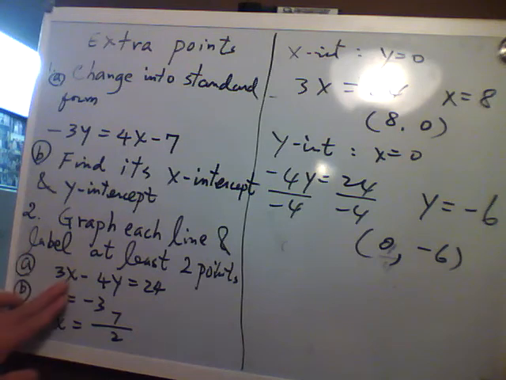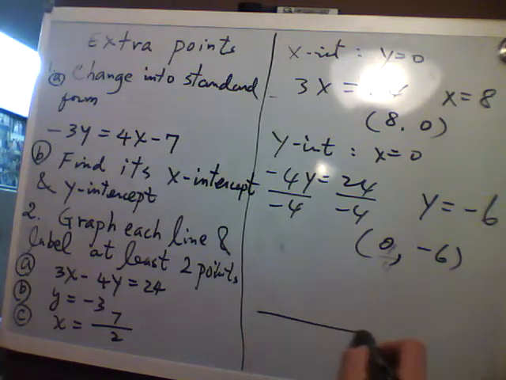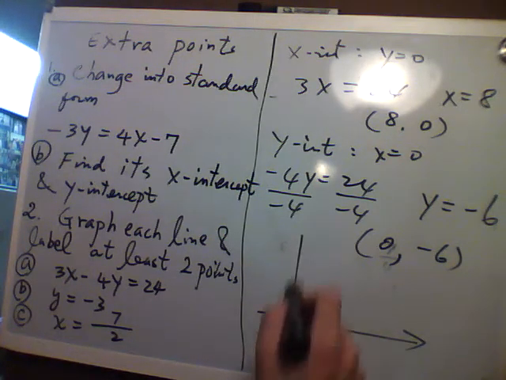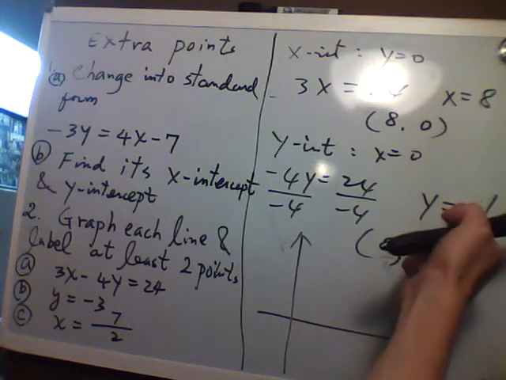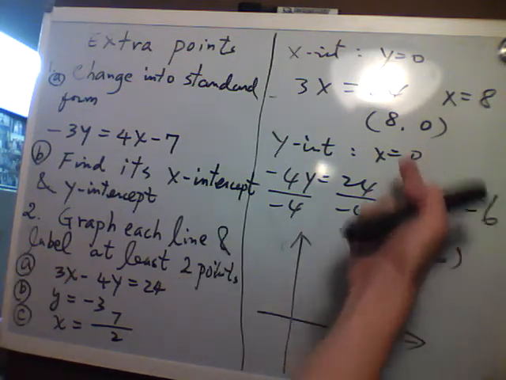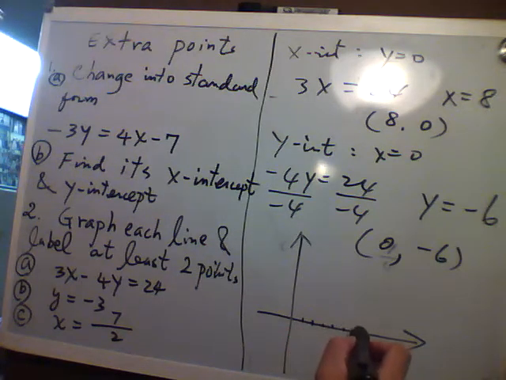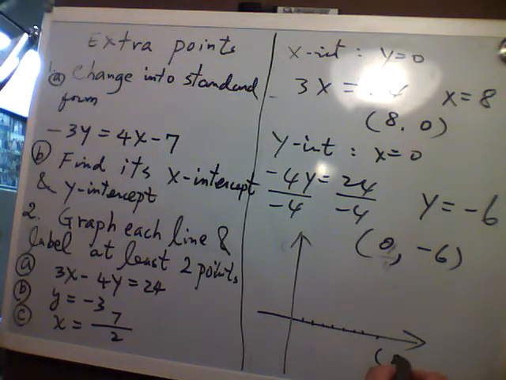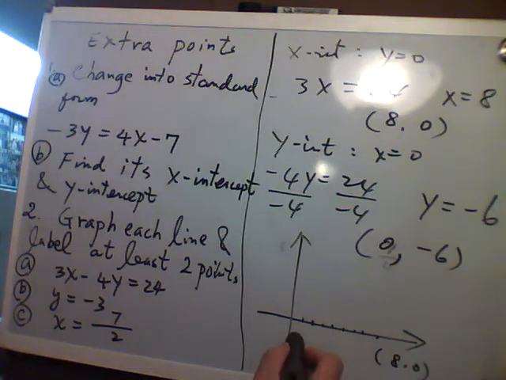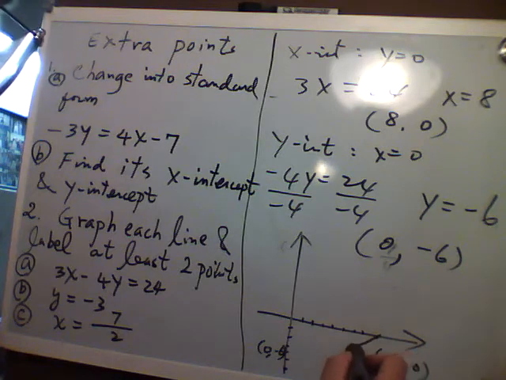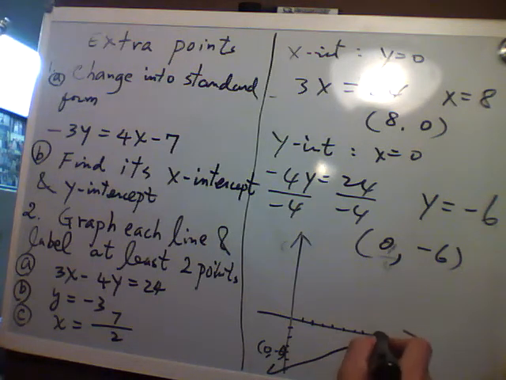Now let's briefly graph that line. For x, count 1, 2, 3, 4, 5, 6, 7, 8, so the point is 8, 0. Y will be negative 6: 1, 2, 3, 4, 5, 6, so 0, negative 6. You label that, and then you connect them, like this.